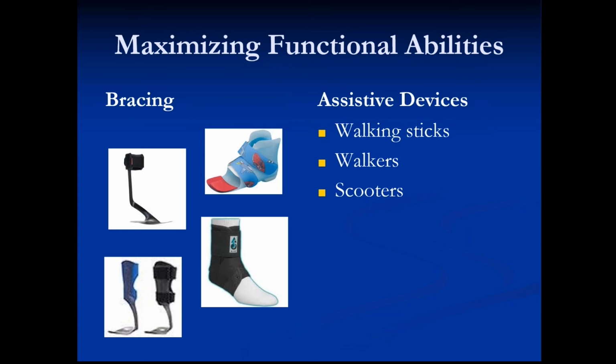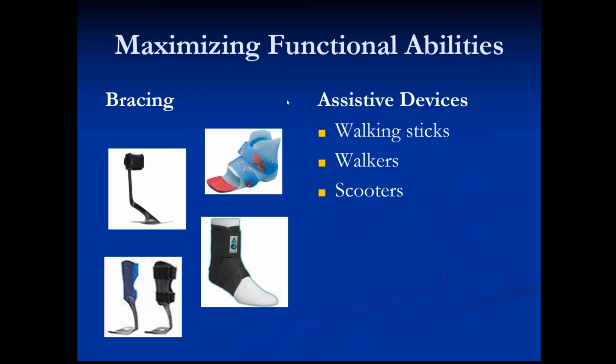Walkers obviously will provide a little bit further support, and then scooters can be used if children have difficulties walking long distances. There are different types of more powered mobility options for children that may have trouble keeping up with their peers, either in an extracurricular setting or friendship setting, a social setting versus a school setting.